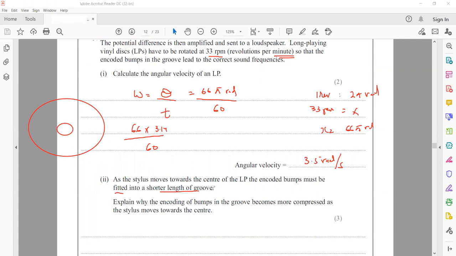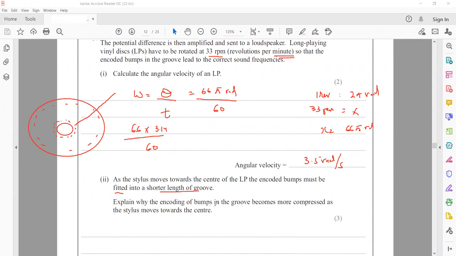What they're saying is, as the stylus moves towards the center of the LP, the stylus being this part which is placed on this disc, the encoded bumps in the grooves must be fitted into a shorter length of groove, compared to when the stylus is moving away from the center.